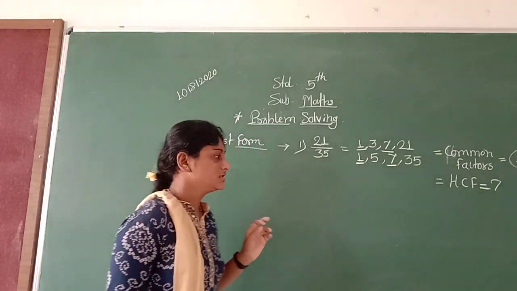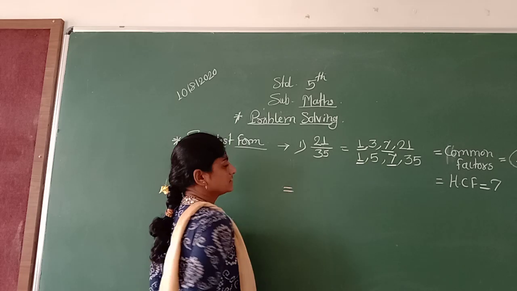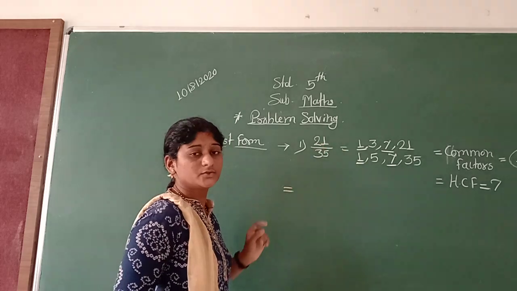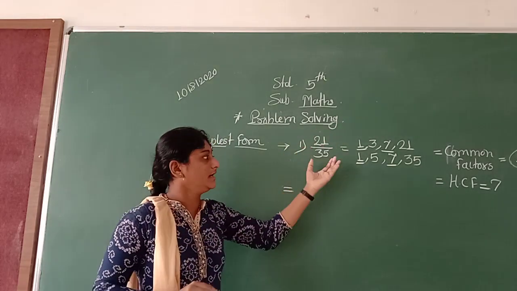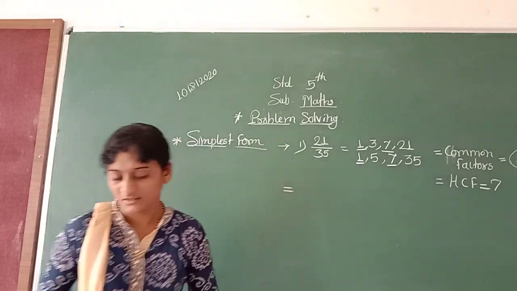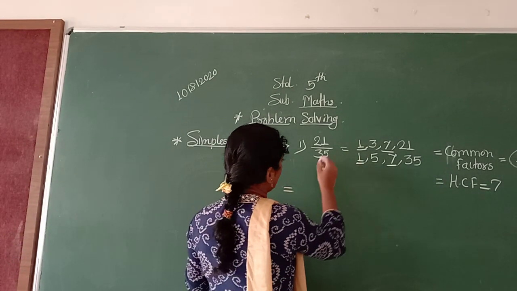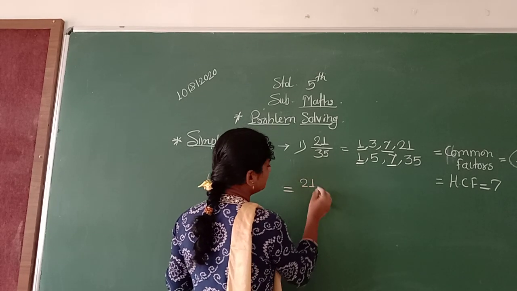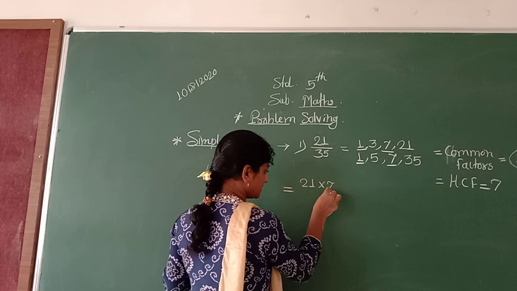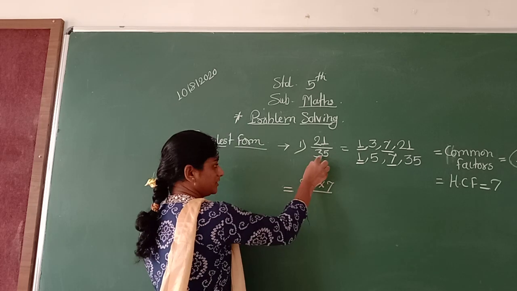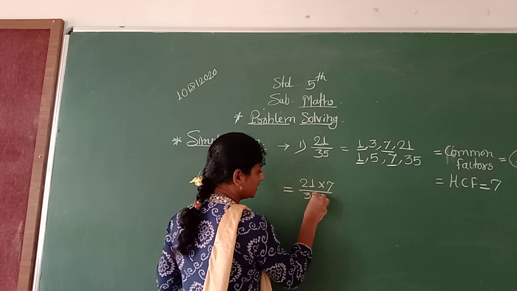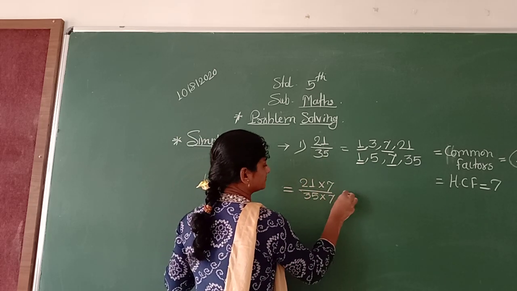Here 7. Then 7 will divide the numerator and denominator. See how to solve that. 21 divided by 7 and 35 divided by 7.